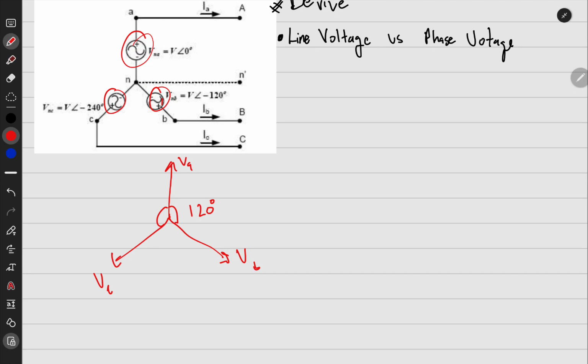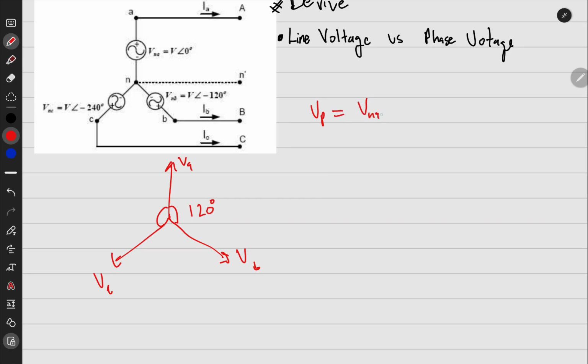What else do we know that we can use to our advantage? We could notice that all the phase voltages are of the same magnitude.